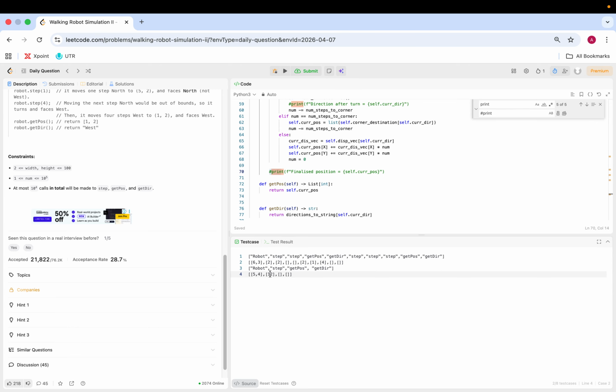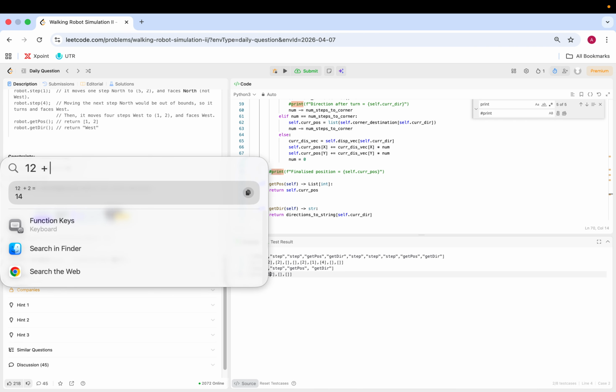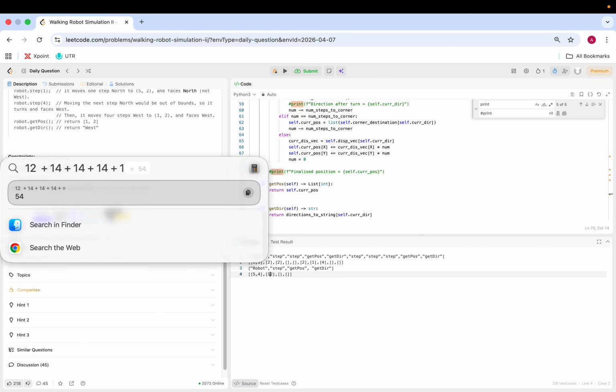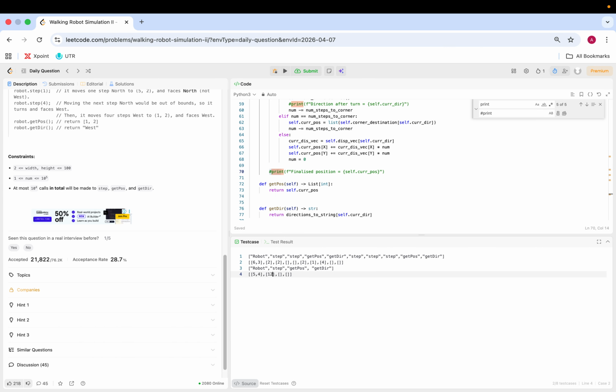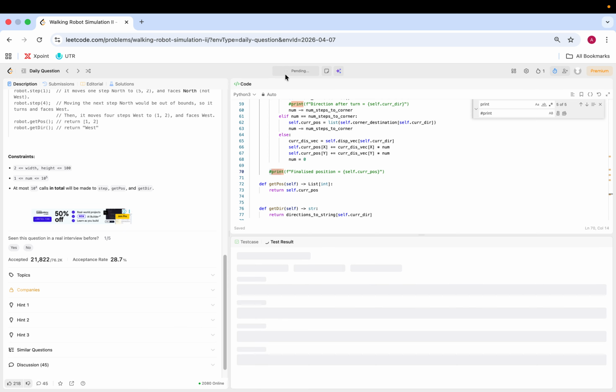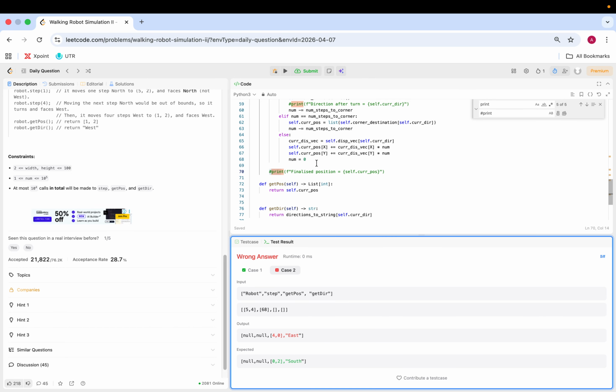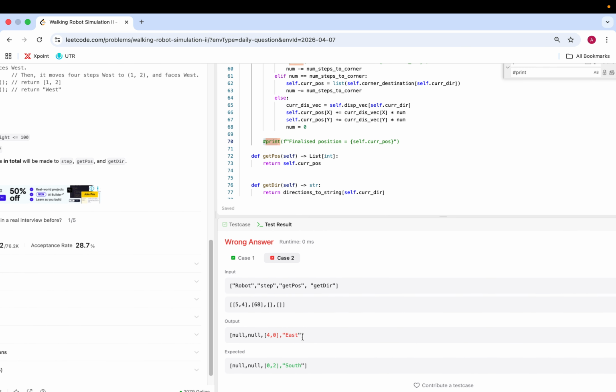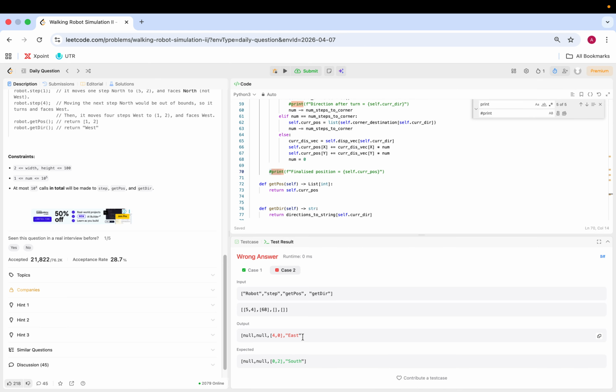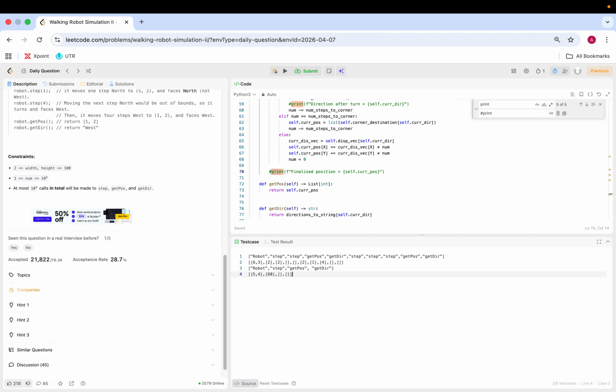And that's what I say, 14, right? If I do 12 plus 20, plus 14, plus 14, plus 14, plus 14, if I say 68, it should be the same answer, but with the mod, it should know not to loop through multiple times. Damn it. Come on, man. It's the same thing.